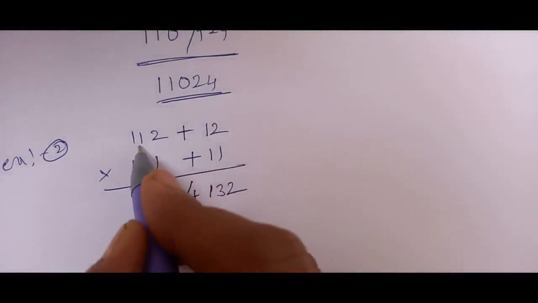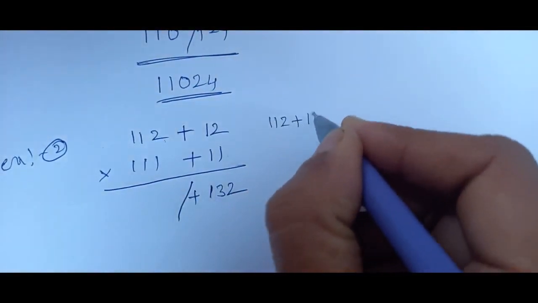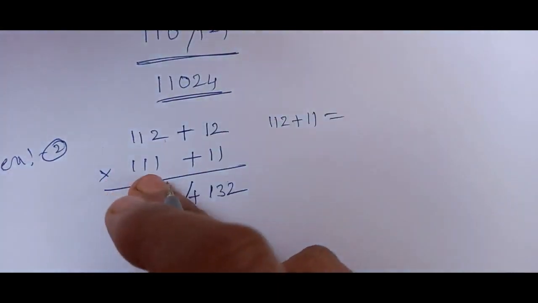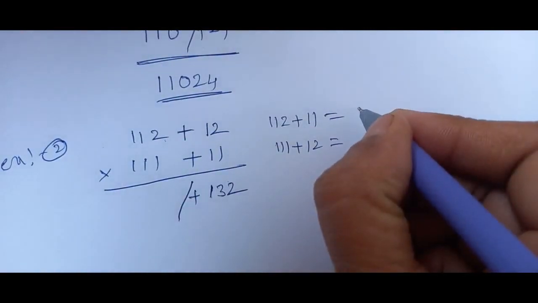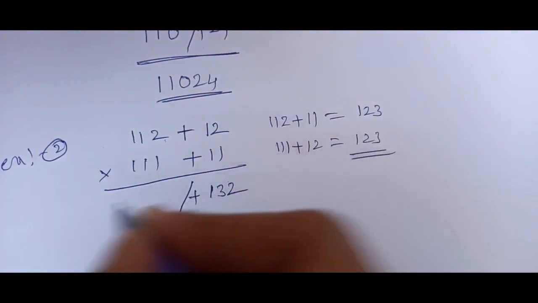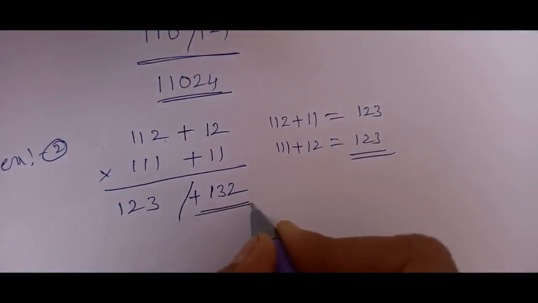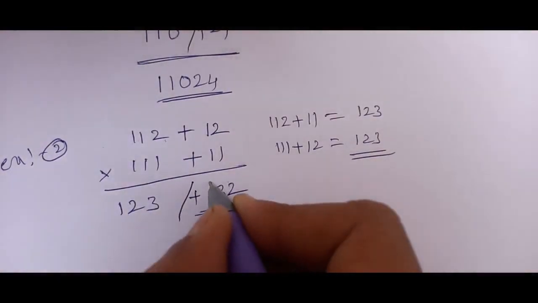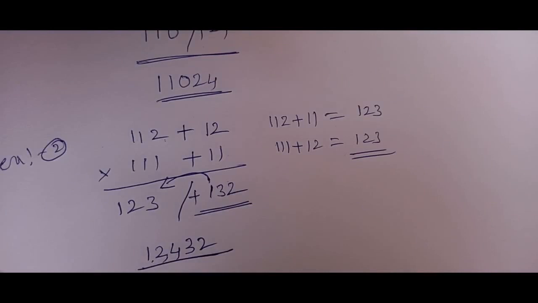Next, 112 plus 11 or 111 plus 12. Both are the same. So that is 123. Write 123. Here base is 100, but we obtained 3 digits on the RHS side. So this one should carry over here. So the answer is 12432. That means 12,432. Okay. Is it clear?